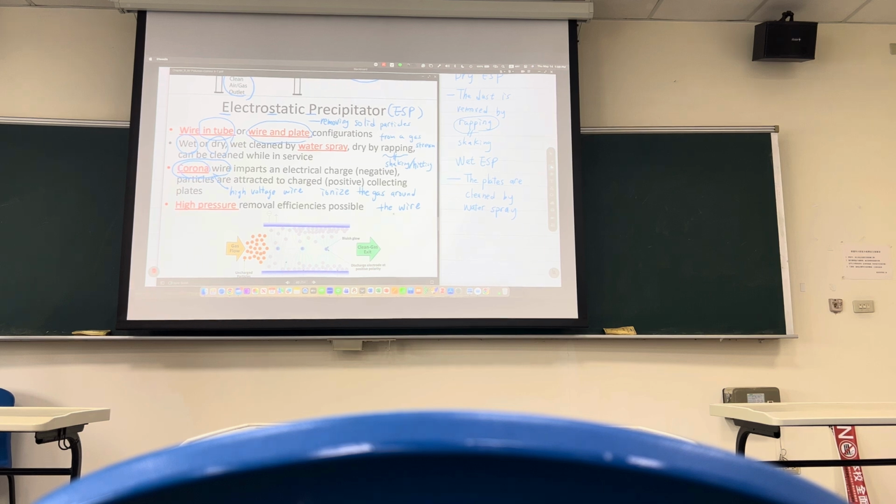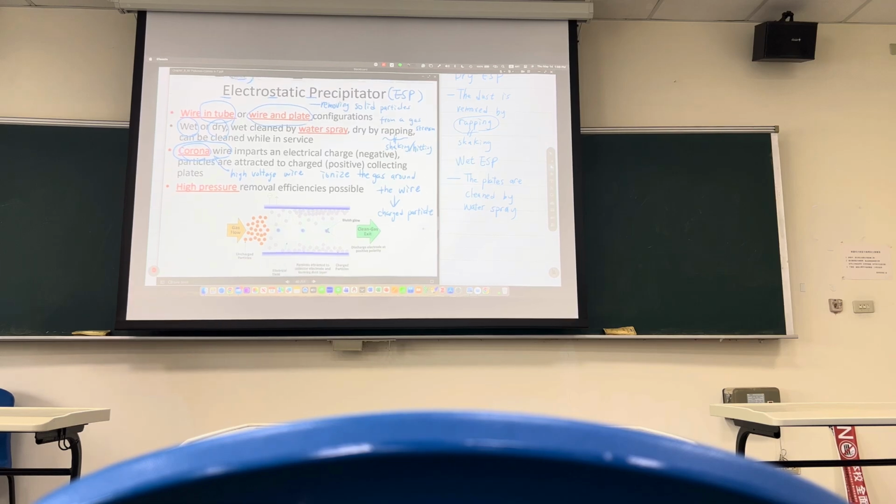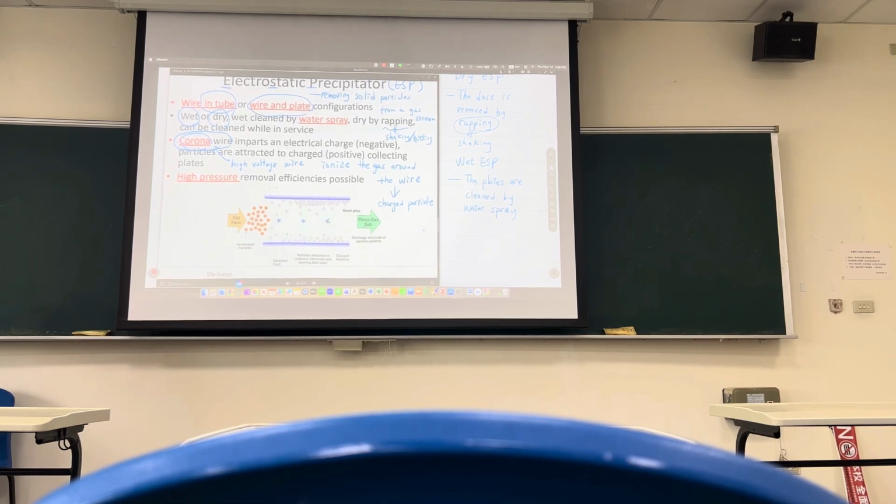In this case, you can get charged particles. And high pressure will be applied to increase the removal efficiency.